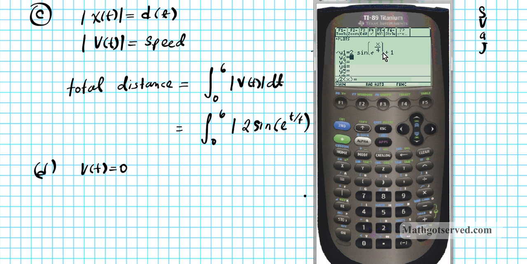Enter. Now you have to be careful because in the graphing menu for your calculators, the independent variable is x, so don't enter t here or else you get a straight line. The variables must always be in terms of x. Okay, so we have 2 sine e to the x over 4 plus 1. Let's go ahead and graph it.